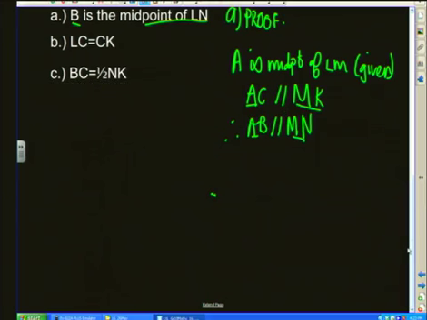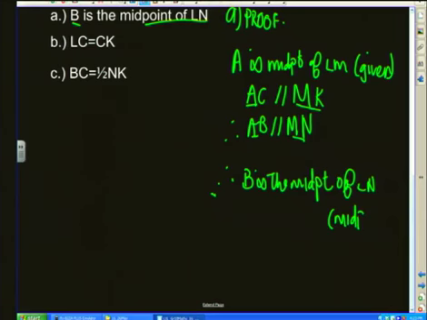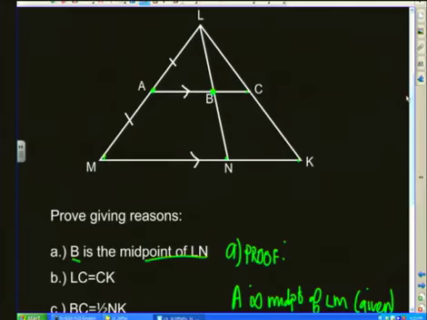We know that A is the midpoint of LM. Therefore, this must mean that B is the midpoint of LN. And why can we say that? Well, simply because it's exactly what the midpoint theorem says. So we have identified one midpoint of the triangle.